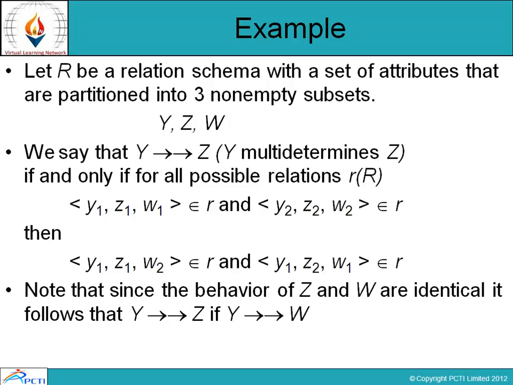Y1, Z1 and W1 are values that belong to relation R, and Y2, Z2, W2 are values that belong to relation R. If these are true, then Y1, Z1, W2 belongs to relation R and Y1, Z2, W1 belongs to relation R. You can see here that the values W2 and W1 are interchanged with Z1 and Z2.